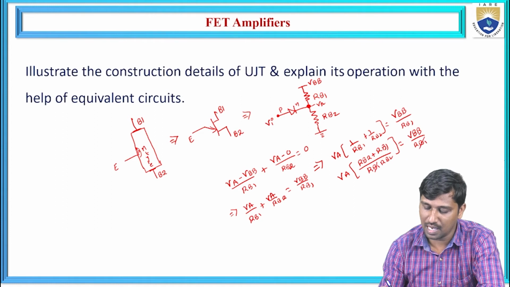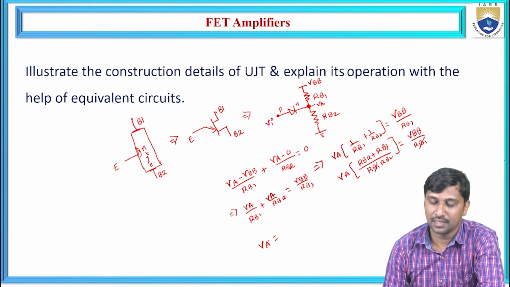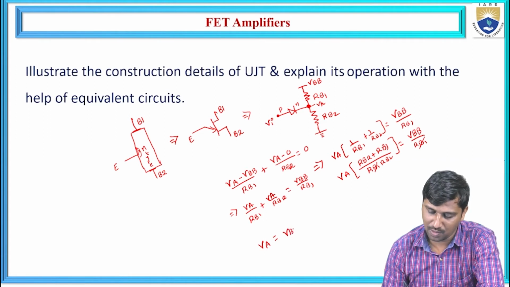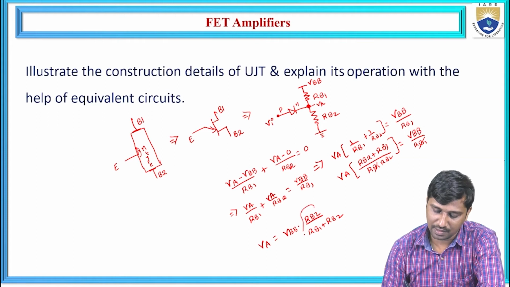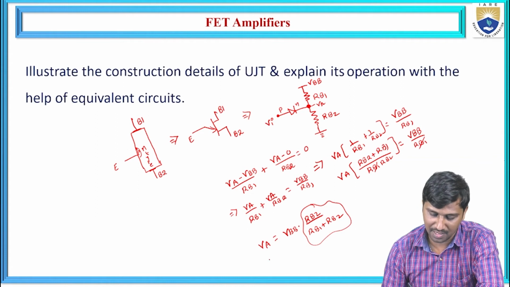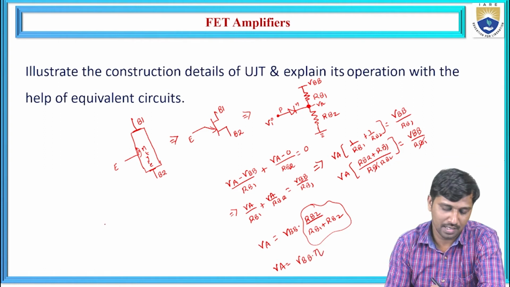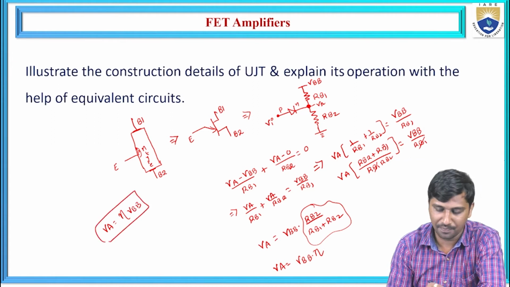So this RB1 gets cancelled, hence the net voltage is represented as VBB times RB2 by (RB1 plus RB2). And this factor we can also replace with the intrinsic standoff ratio, which is represented as eta. So the net voltage is represented as eta times VBB.